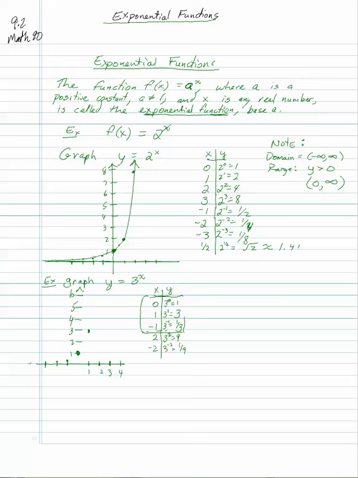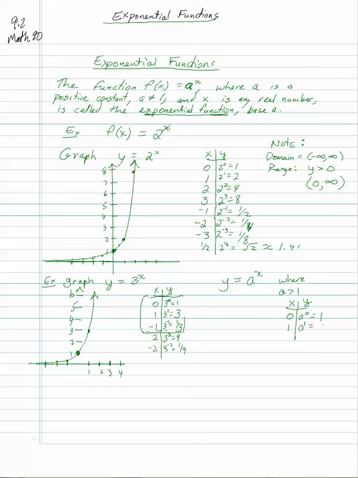So again, if a is bigger than 1, it's going to have this basic shape, and if you just do those first 3 points, 0, 1, and negative 1, that's all you need to know. So if I want to do y equals a to the x, where a is greater than 1, you plot these 3 points. Anything to the 0 is 1.